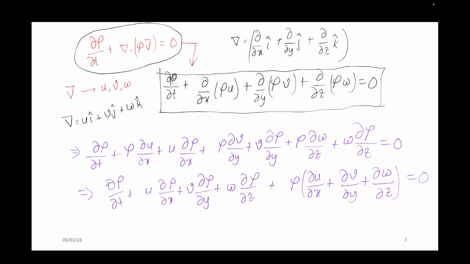Okay, so this is the equation you will get. See, this is nothing; from this equation you can easily derive this. I just write this derivative form in this way, and after that it is the simple derivative formula.